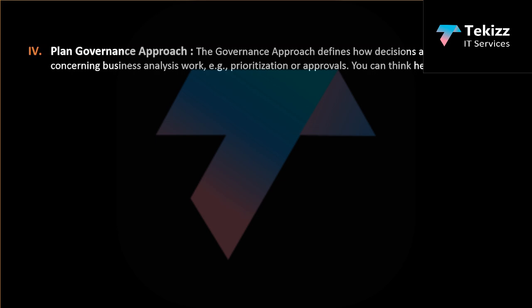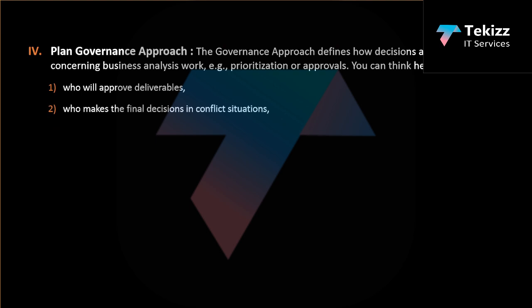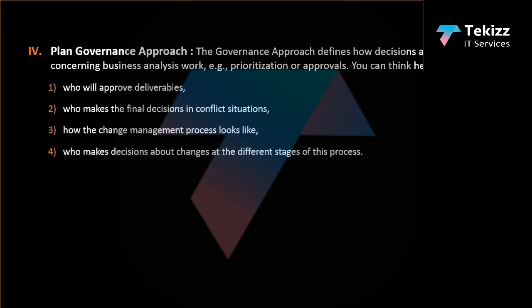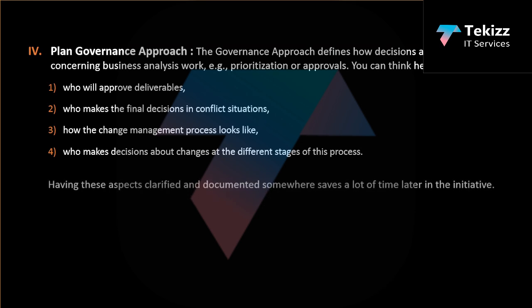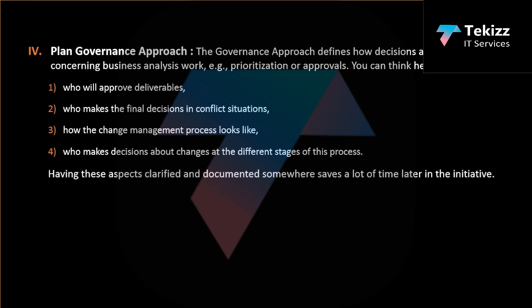Now you can think here about defining who will approve the deliverables, who makes the final decision, and in conflict situations, what the change management process looks like, and who makes the decision about the changes at the different stages of this process. Having these aspects clarified and documented somewhere saves a lot of time later in the initiative.